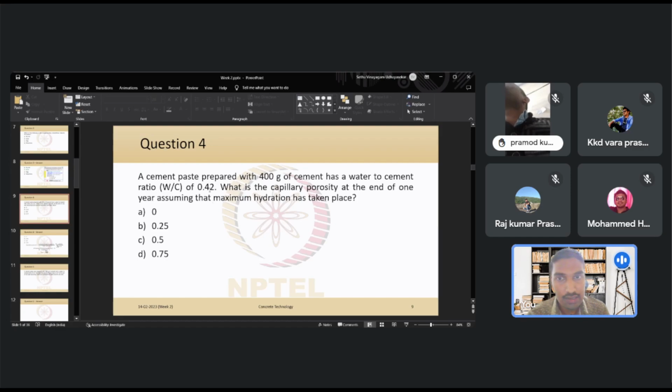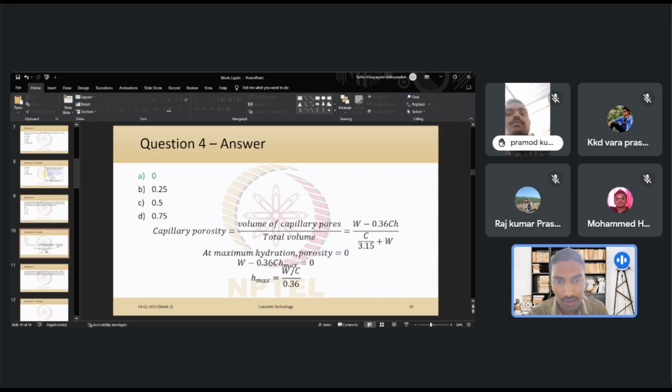In the question it is given that the water to cement ratio is 0.42. If we compare that here, we know that it is greater than 0.36, and 0.36 itself is enough to achieve complete hydration.